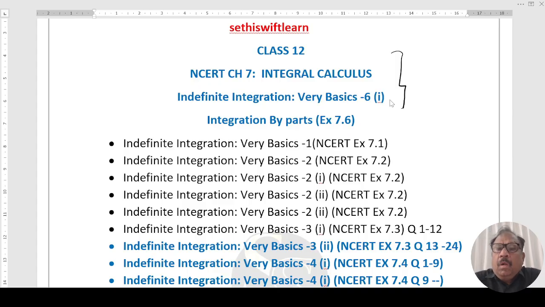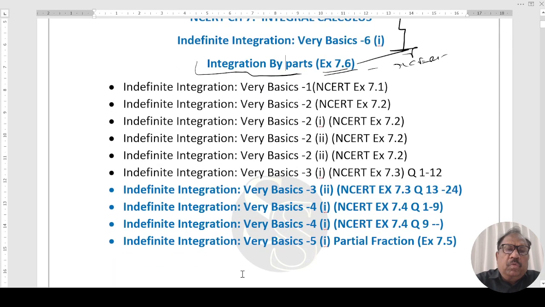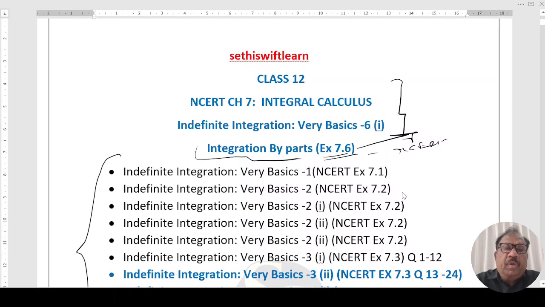Concepts on indefinite integration, integration by parts, will be cleared through illustrations taken from NCERT Exercise 7.6. In the earlier session, we went through all the very basic concepts through illustrations taken from the NCERT exercise, which you can review on the YouTube channel Sethi Swift Learn.